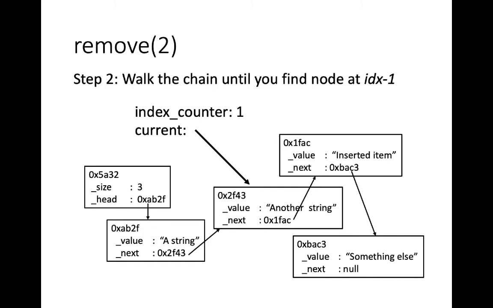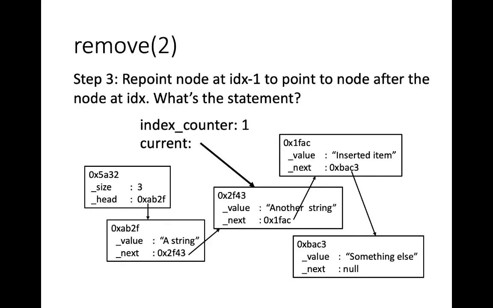And now the idea is that we want to update the node at index -1 so that it skips over what it used to point to and goes directly to the one after that, in order to take that one out of the loop, if you will, to take it out of the chain, right? So we want to repoint the node at index -1. That, in our picture, is the node that current points to.